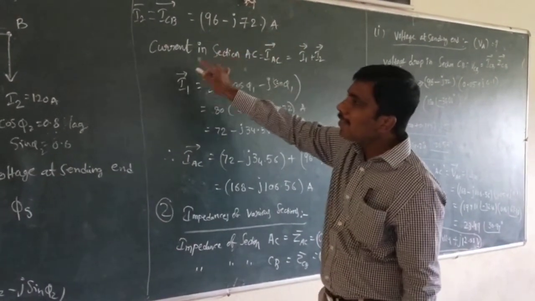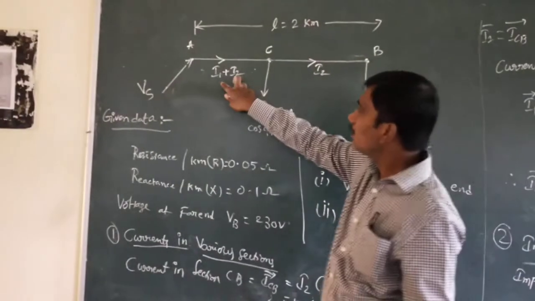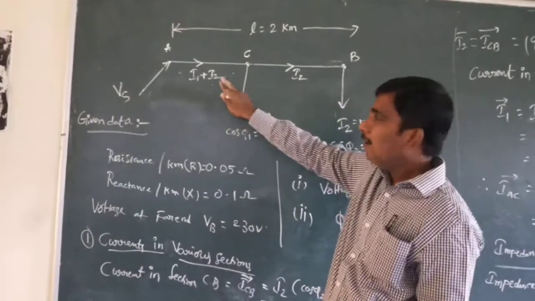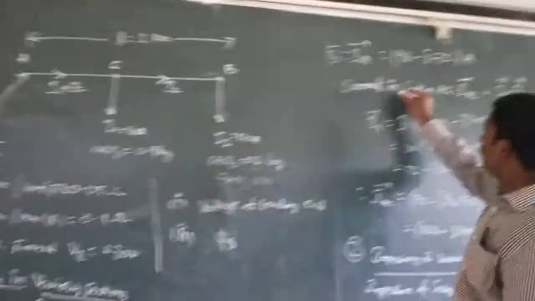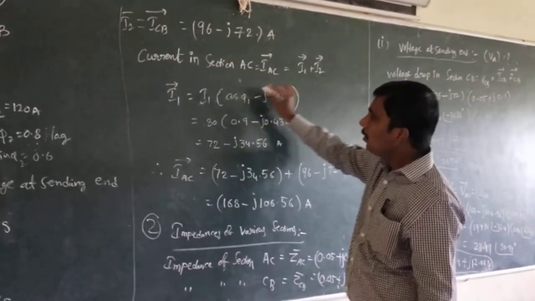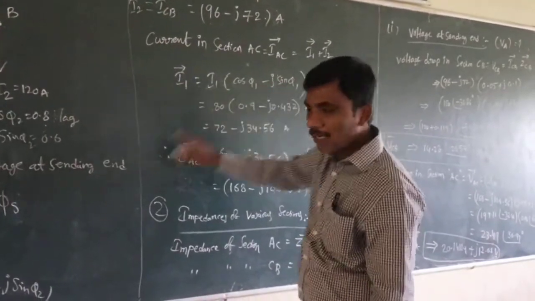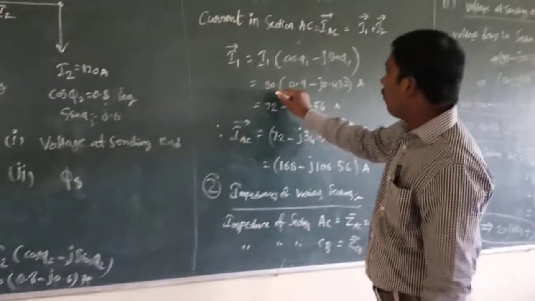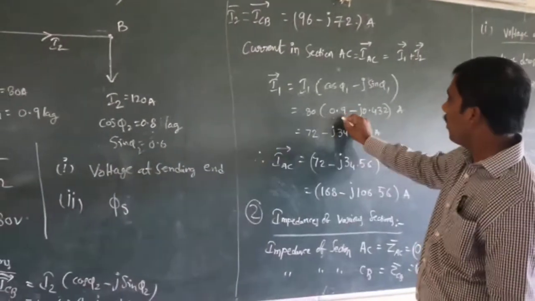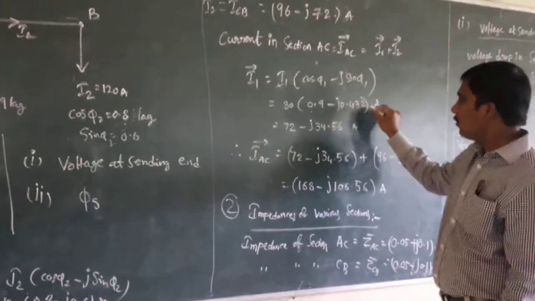Now the current in section AC we have to calculate. Two currents flow in section AC, that is IAC vector equal to I1 vector plus I2 vector. I1 equal to I1 cos phi 1 minus j sin phi 1, similar to the previous one. I1 is 80 amps, cos phi 1 is 0.9, sin phi 1 is 0.432.